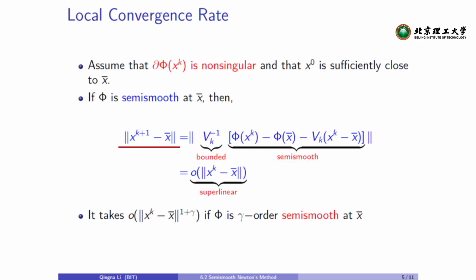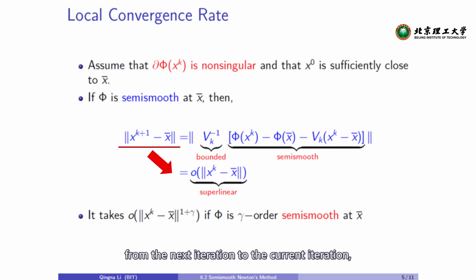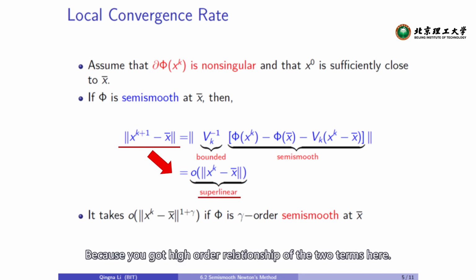In other words, if we take the ratio of the distance from the next iterate to that of the current iterate and take the limit, we can see that by definition the convergence rate is superlinear, all right, because we have a higher-order relationship between the two terms here.